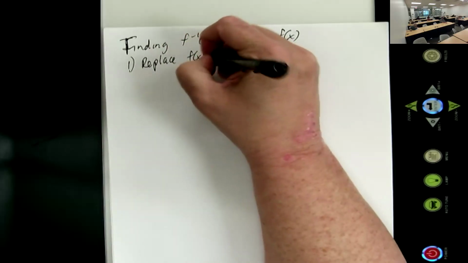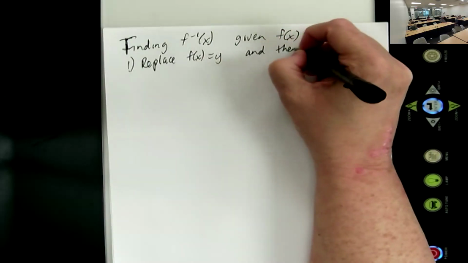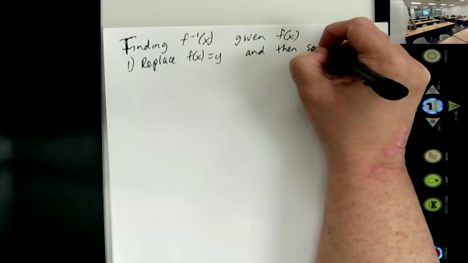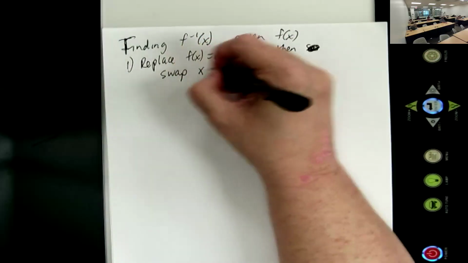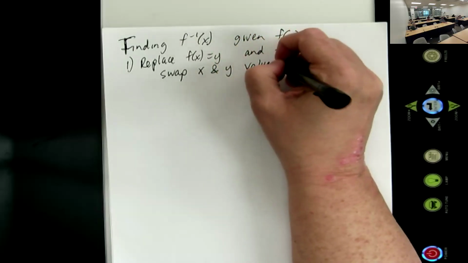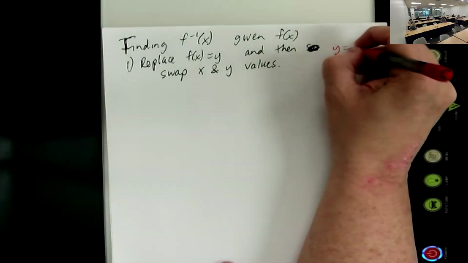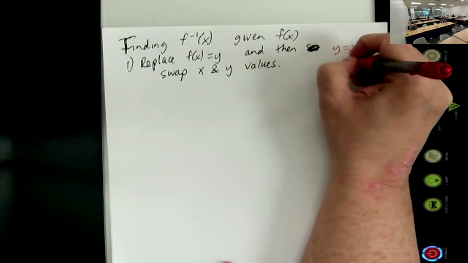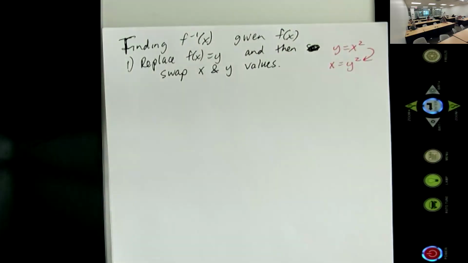They mean the same thing. And then swap x and y values. Like if we had y equals x squared, it becomes x equals y squared. Just exchange the letters for each other.